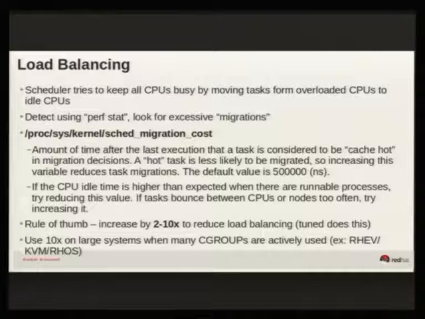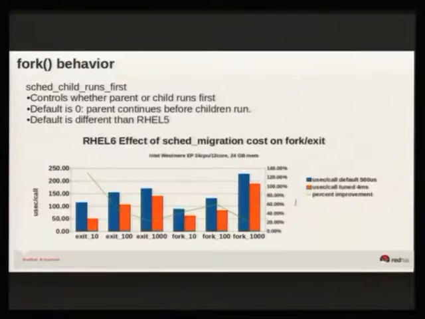So rather than simply blindly doing this, there are parameters adjusted by TuneD in the scheduler that determine how much time it's going to allow the system to remain in this imbalance before it starts shuffling stuff around. And these, once again, are well documented and adjusted a lot in the TuneD profiles.